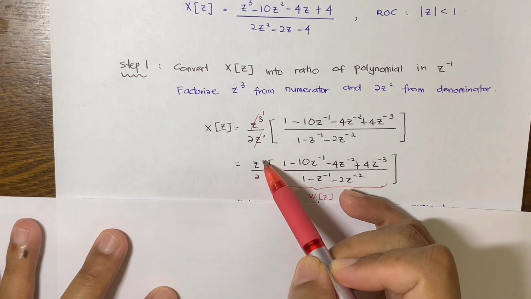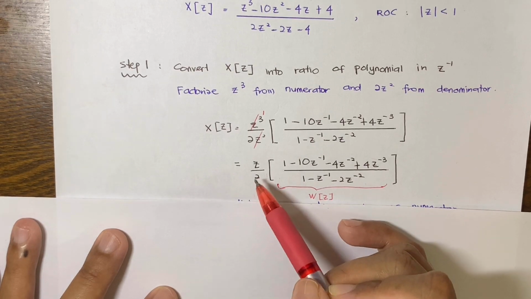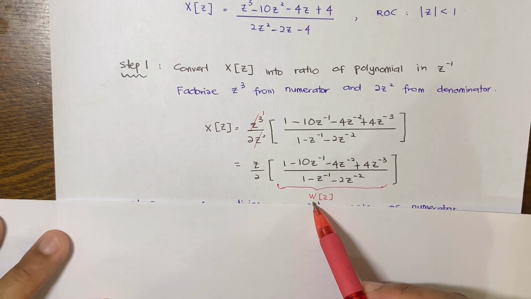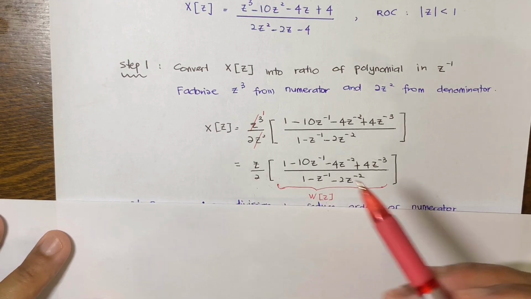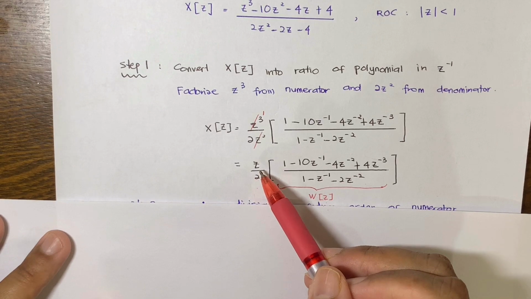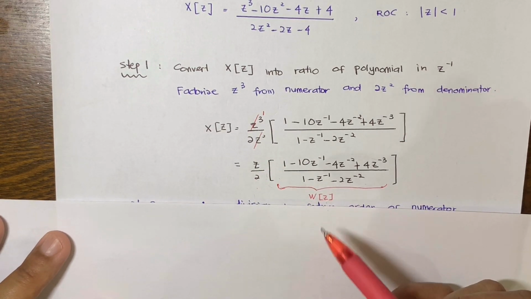We leave the z over 2 at the moment. Now we need to perform long division for W(z) only. Later we will multiply again the z over 2 with W(z).